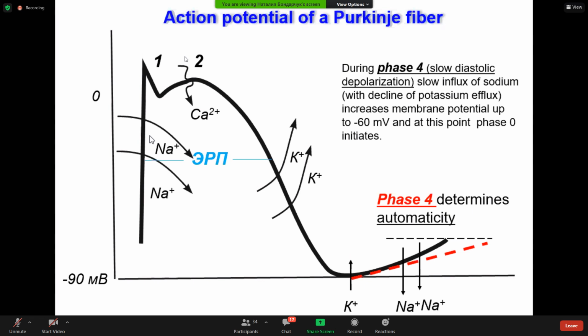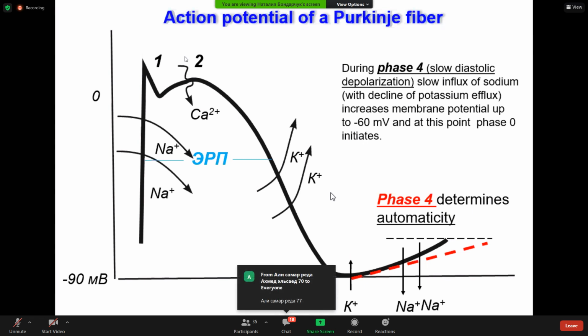And you see, sodium ions play the major role in the 0 phase, so that's why sodium channel blockers prolong conduction of action potential. And also sodium ions play the major role during the fourth phase of action potential of Purkinje fibers. So such drugs, inhibitors of sodium channels, also decrease automaticity, according to this slide, of Purkinje fibers.